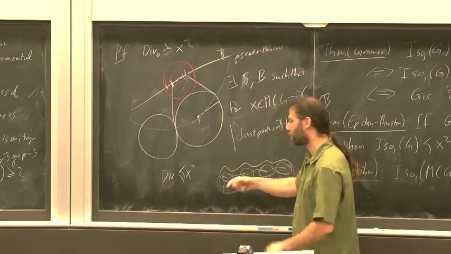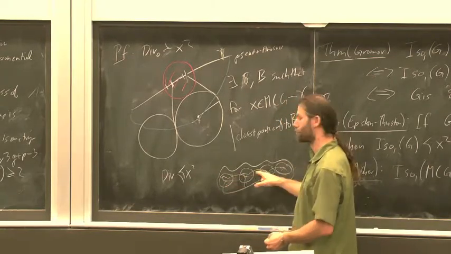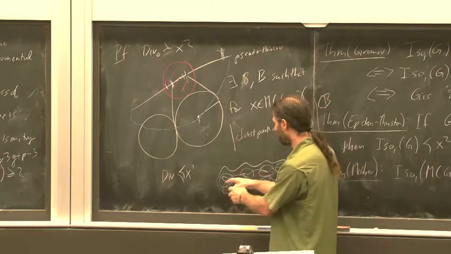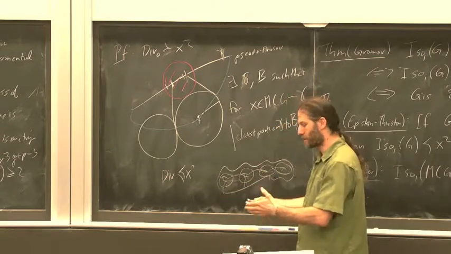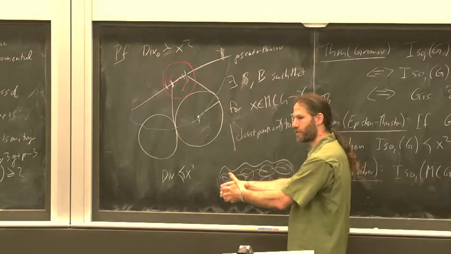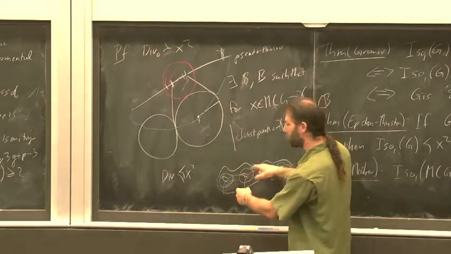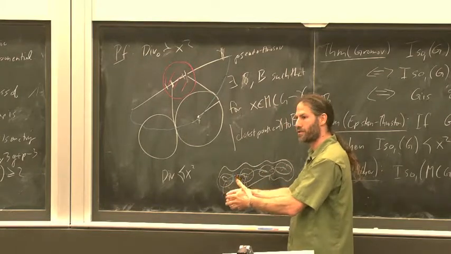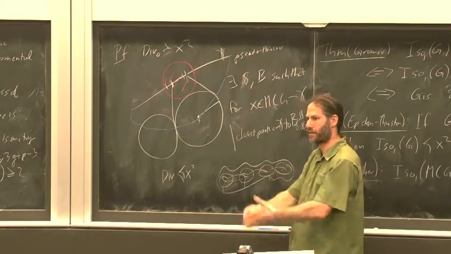But the ones that intersect are both simultaneously disjoint from something else. So even though they intersect, they're both disjoint from something else. So then there's a pair of flats which share a common curve, and you've got a pair of flats that intersect along a line.